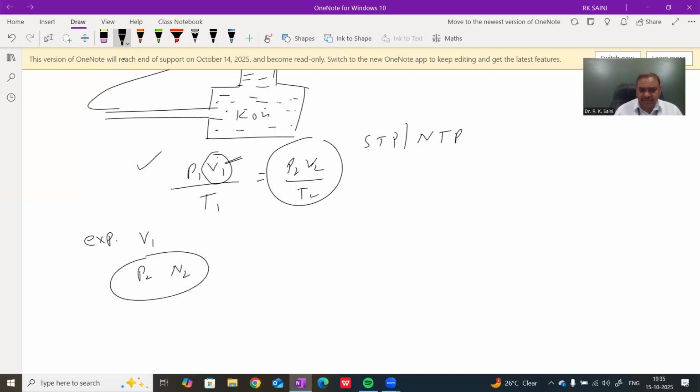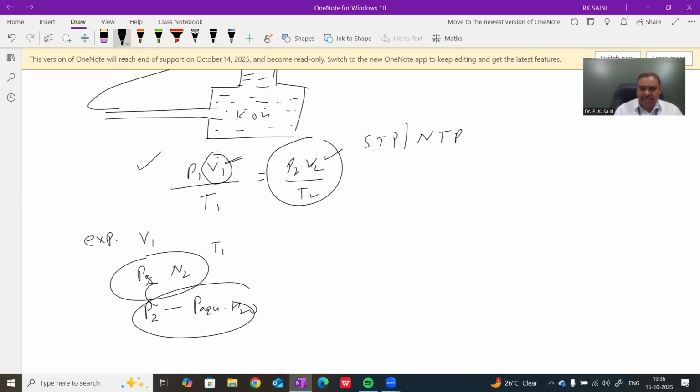In some cases, N2 gas contains moisture. Therefore, we subtract the aqueous tension of H2O from the total pressure, then we find the pressure of dry N2 gas, and the temperature is experimental.